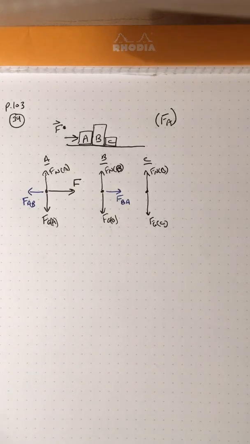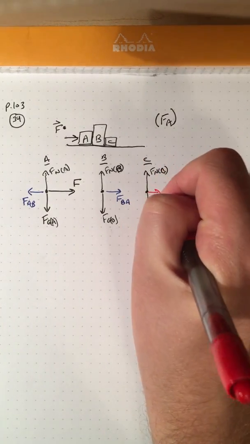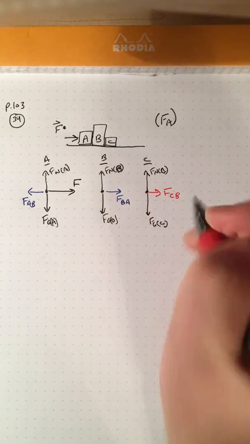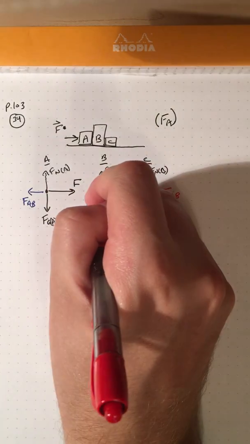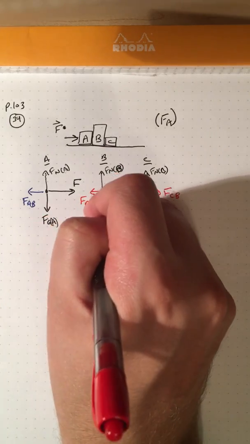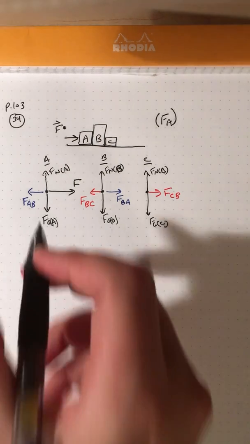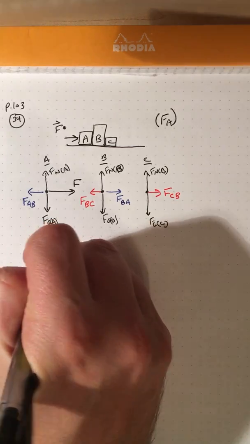Well, how does this force get to C? There's a force on C from B. And again, that has a reaction force, the force on B from C. But you'll notice that this is done in such a way that if all these blocks are moving forward, they all have to end up with a net force that's forward.